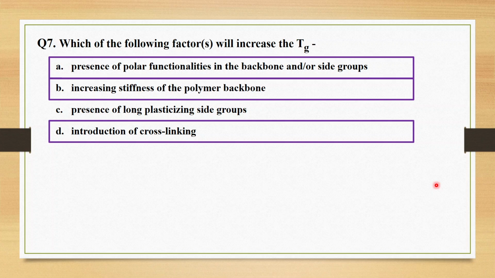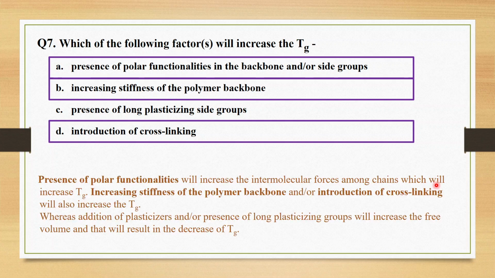The correct answer was A, B and D. Why so? If you look at all these points, the first point is presence of polar functionalities in the backbone and or side groups. You do know that the more polar groups you give, the more you are increasing the interaction between the polymers.